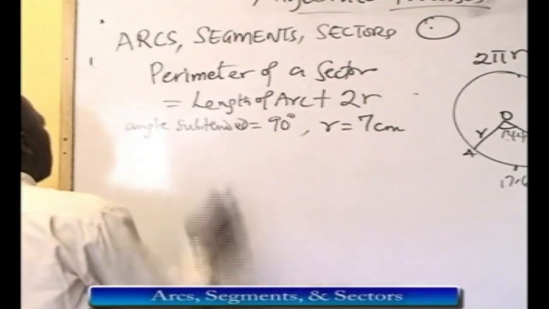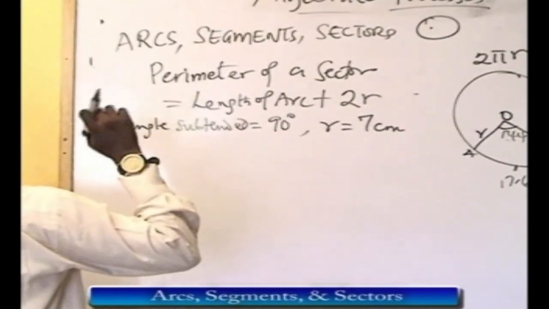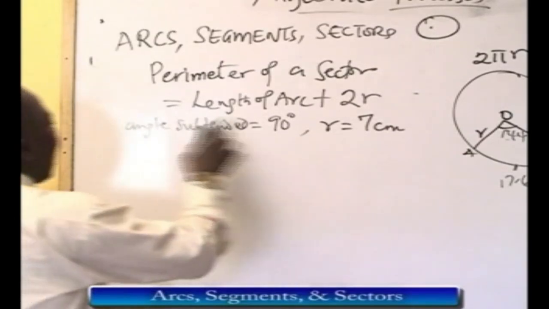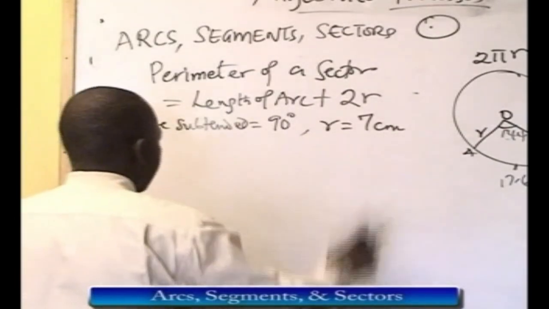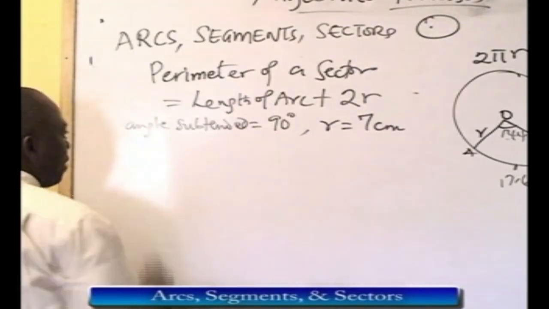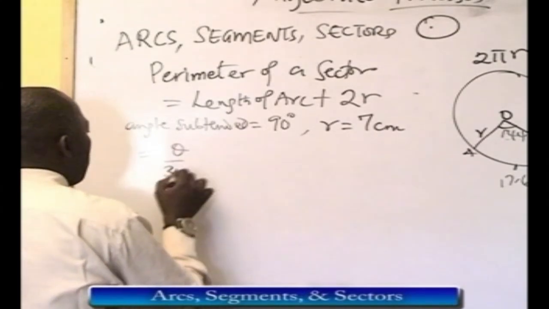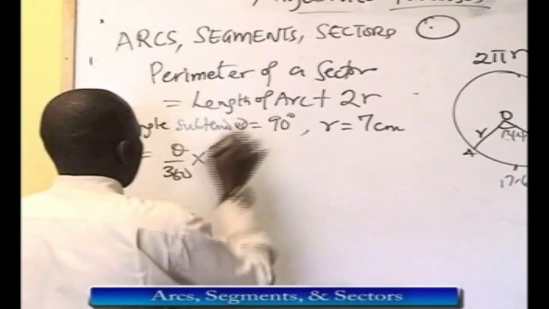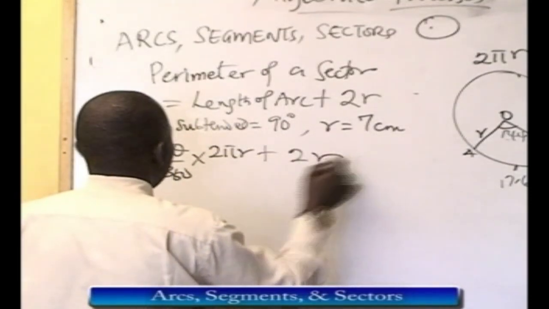If the question asks you to find the perimeter of a sector that subtends an angle of 90 degrees at the center with a radius of 7 centimeter, what will be your reaction? You will use the formula that I've just written on the board, which is theta over 360 times 2 pi r, that's the formula for calculating the length of an arc, plus 2 radii.